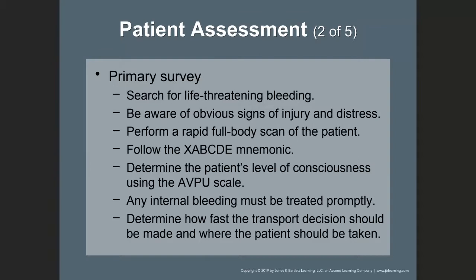So when you complete a primary survey, you should be able to answer all of those questions. If you cannot, you have not done a good primary survey. So again, once you have completed your primary survey, you should know what the patient's GCS is. You should know if it's a load and go patient or a stay and play. You should know if a rapid scan or focus is required.